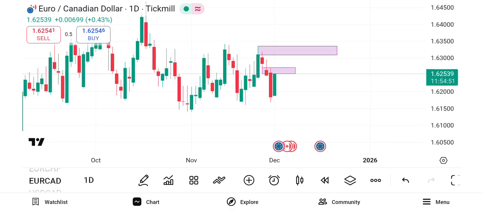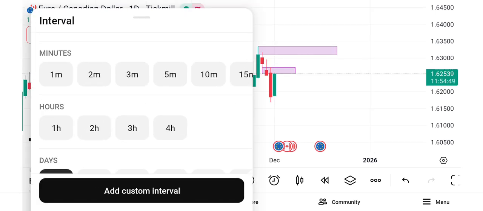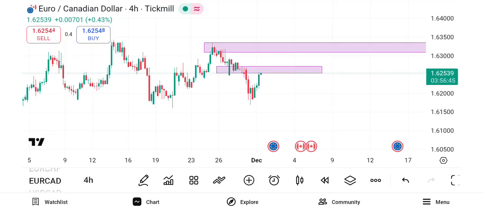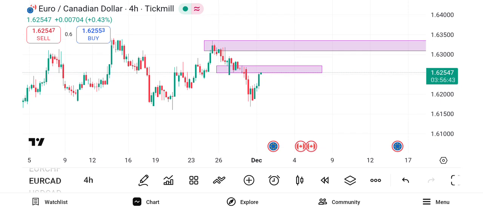So let's define the key zone on the 4-hour time frame. On the 4-hour time frame now, we are expecting a bearish market move. So price is already at our first key level.